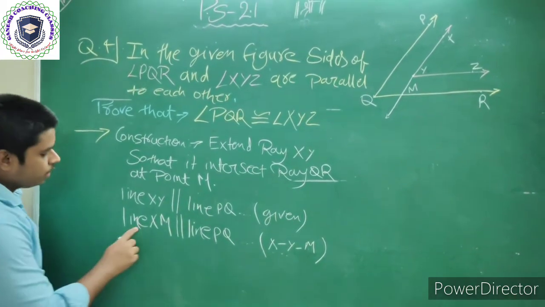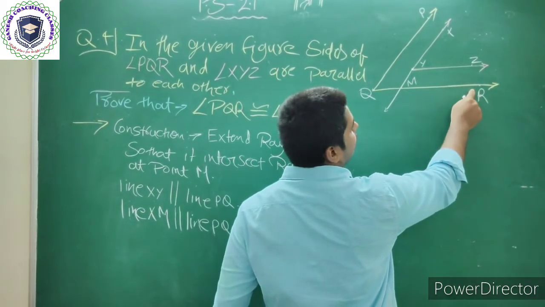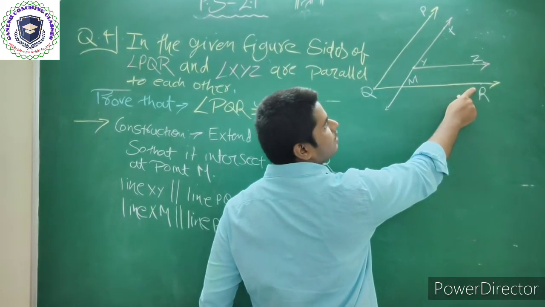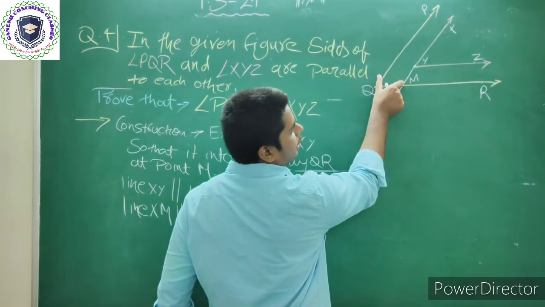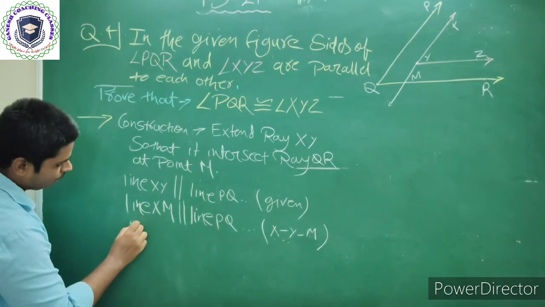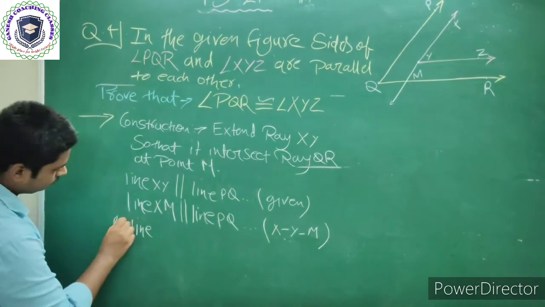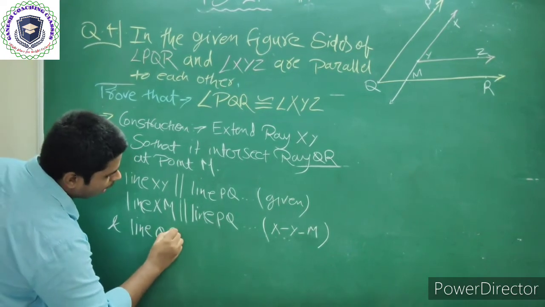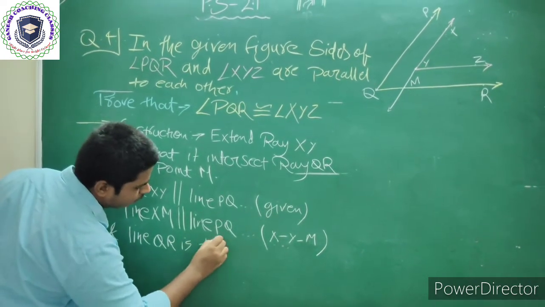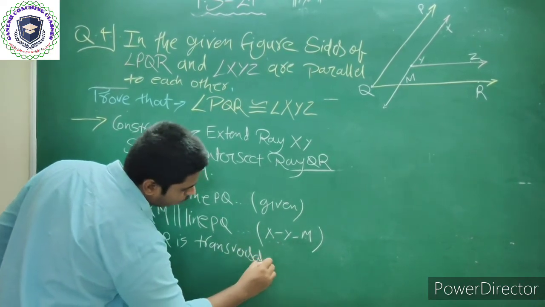So here these two lines are parallel and QR is acting as a transversal. So here we have to write line QR is a transversal.